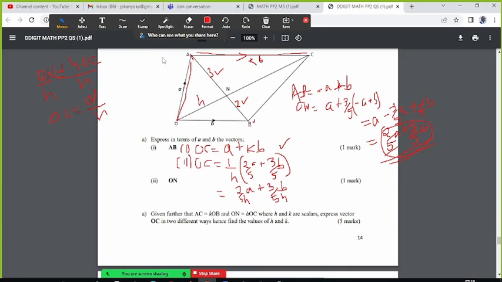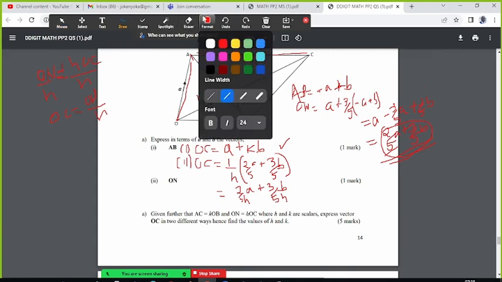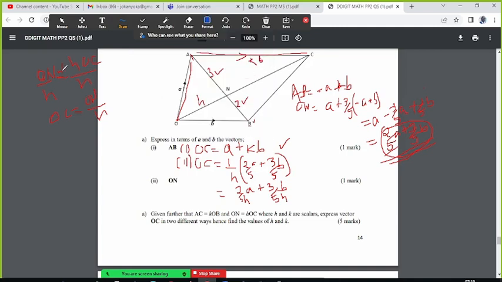I want you to follow clearly. We have said this is vector ON, which is equal to h OC. So we want OC. We simply divide by h both sides.